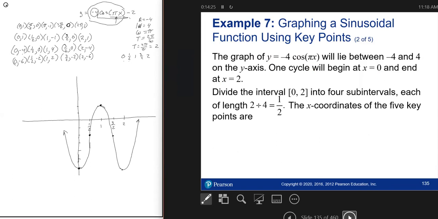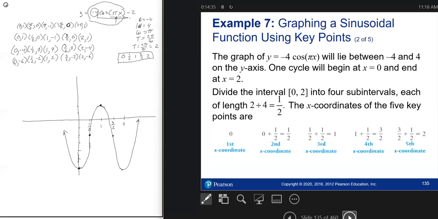And so they divide the interval the same way I did, only they use a little bit more math. So each interval is one half. So 0 plus a half plus a half plus a half until you get the 5 x values, because our key x values change to these numbers.